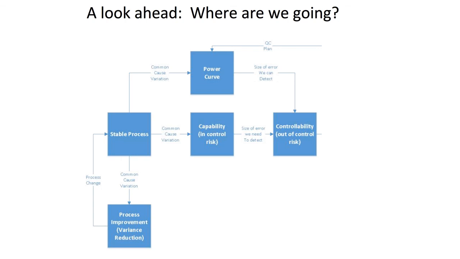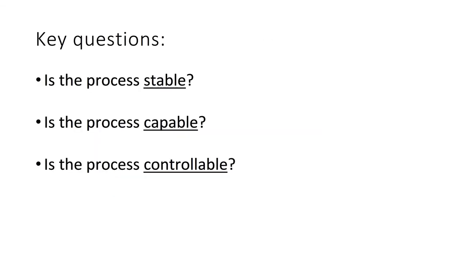This can be compared with the size of a shift that we need to detect, which comes from the capability analysis. The final step is a back and forth process in which we compare various QC rules. We select a rule, determine its power, evaluate the cost, and compare the size of errors the rule can detect against the size of shifts that we need to detect to protect patients. Once again, quality control relies on three main concepts: stability, capability, and controllability.